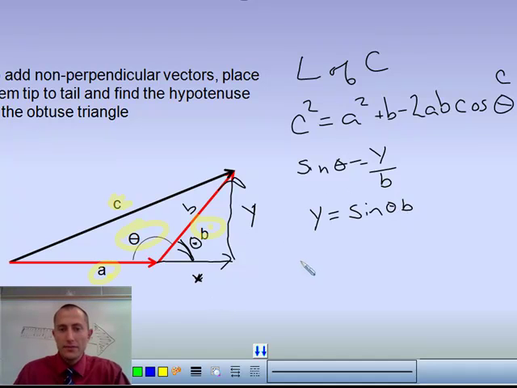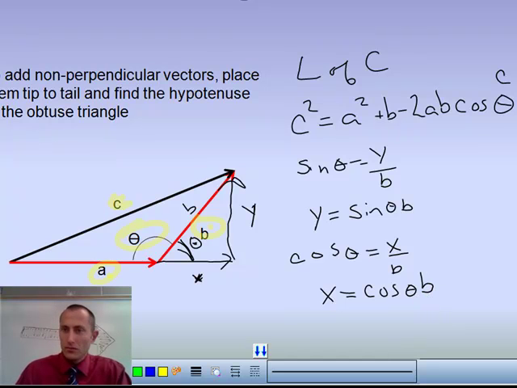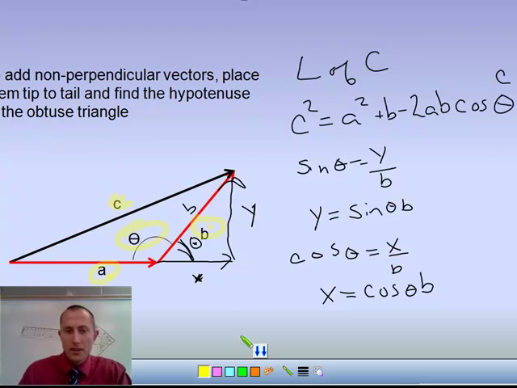And so then our x component is the adjacent side, so cosine theta equals x over b. And so our x side is equal to cosine theta times the hypotenuse, which in this case is b. So those are our two equations for that. So we have y equals sine theta b, x equals cosine theta b, and we're just using trig for that.